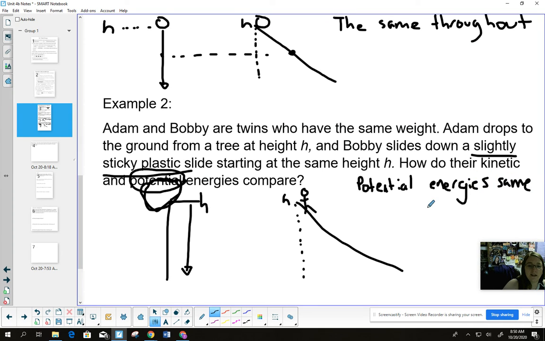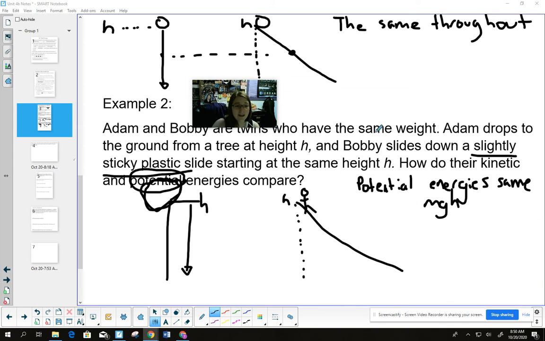That's because, again, that is just mgh. However, for kinetic energy, that's 1/2 mass times velocity squared. And that friction is going to impact their velocities. So the kinetic energies are going to end up being different throughout this travel.